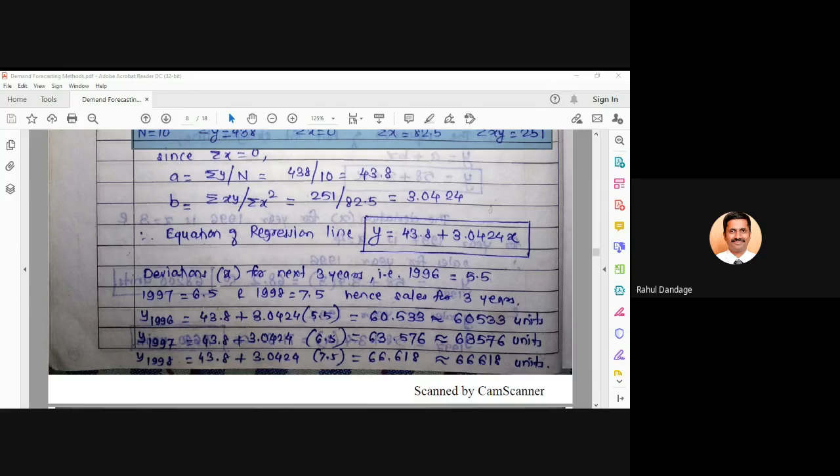If odd number of periods are given, central period is origin, x value should be equal to 0, deviations should be calculated such that the summation x is equal to 0.